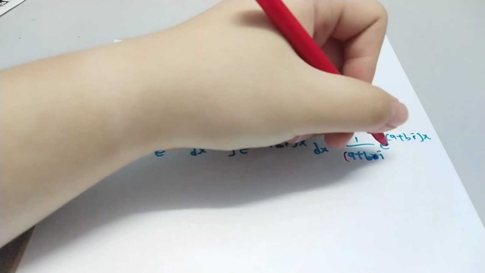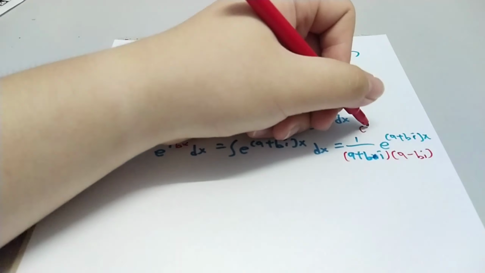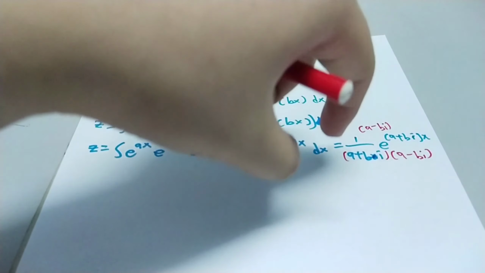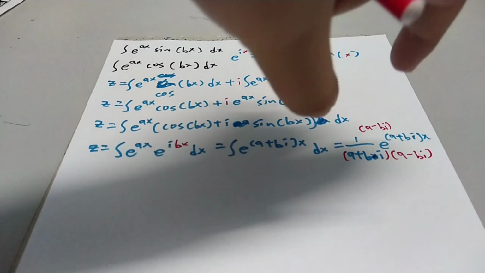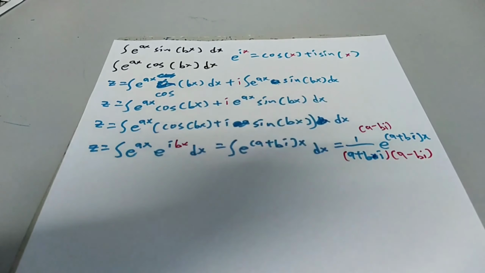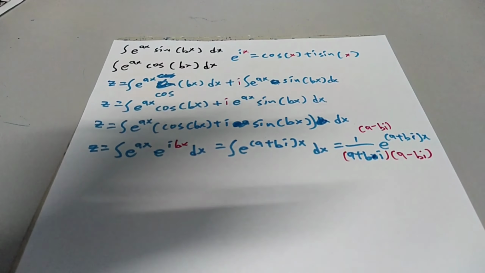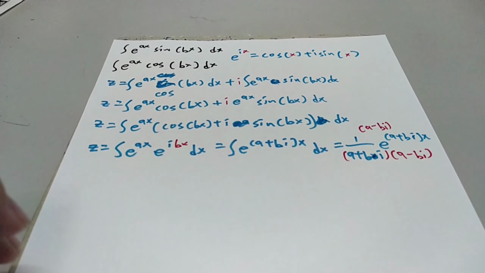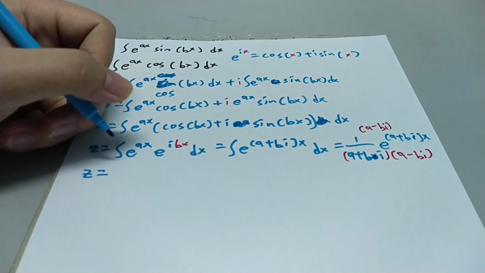We can do that by multiplying by its conjugate. Because I multiply the conjugate at the bottom part, I have to multiply the same thing at the numerator to make sure the expression is equivalent. And then we can expand this.